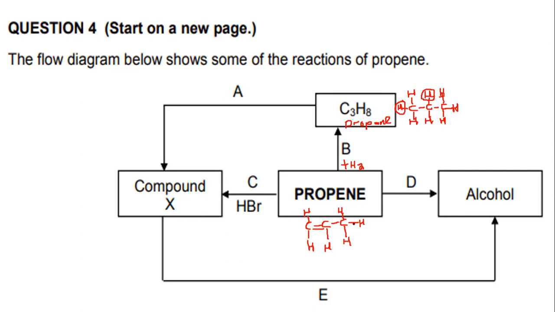So I have 1, 2, 3 carbons, 1, 2, 3 carbons, hydrogens, 1, 2, 3, 4, 5, 6, 7, 8. 1, 2, 3, 4, 5, 6, 7, 8. So the reaction is balanced altogether. What else must I talk about? I have shown you my reactants, which is propene and hydrogen gas. I have shown you my product there, which is propane.